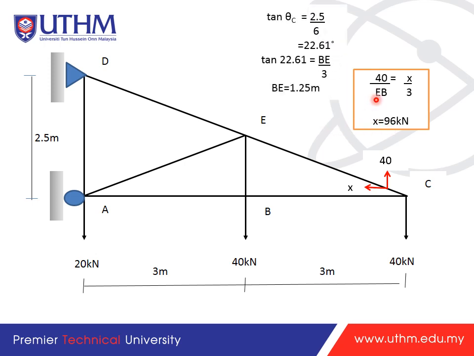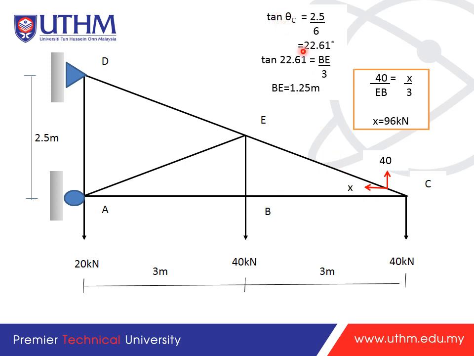How do we find BE? From the question given, they do not tell you directly the length of BE, but they give you this length, 2.5, and the total length from A to C, which is 6 meters. From here, we can find the angle.